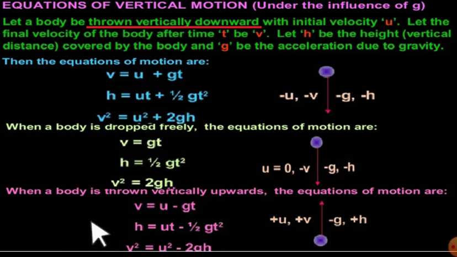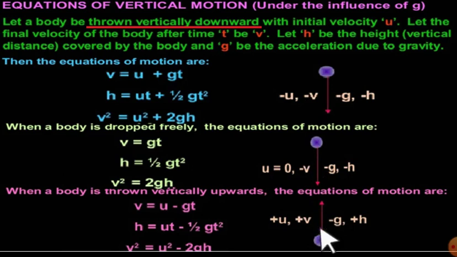The last one: when a body is thrown vertically upward, u, v, h will all be positive except the acceleration due to gravity. Your acceleration due to gravity acts downward.